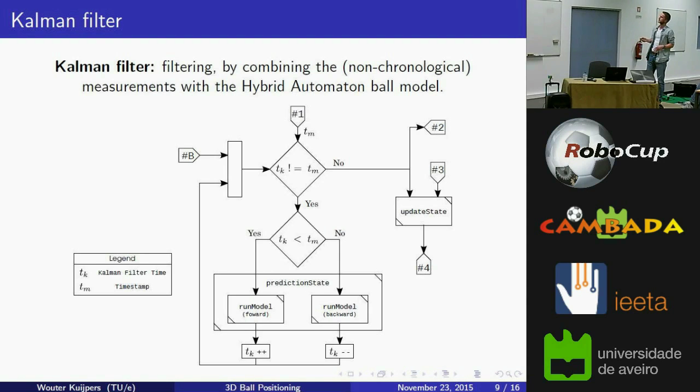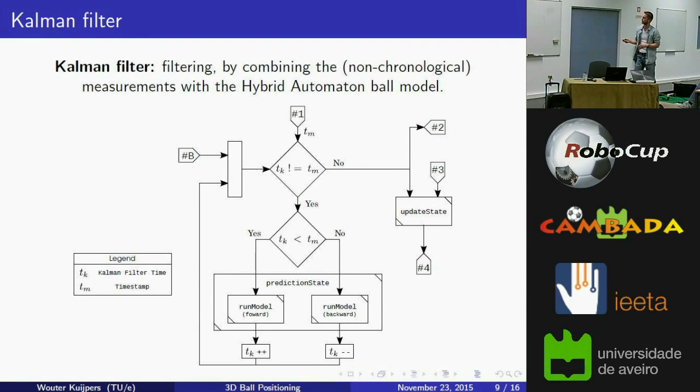So from label number 3, there is the minimum distance, or the measurement, actually coming. And this one is applied in the update state of the Kalman filter to the actual 3D ball position. Then for the next slide, it's important to see that there is also a label 2 here. This is the predicted position by the Kalman filter for that time instant, and this is communicated first to the minimum distance algorithm.